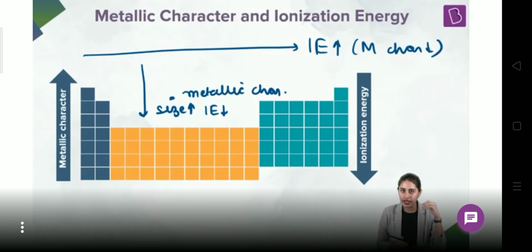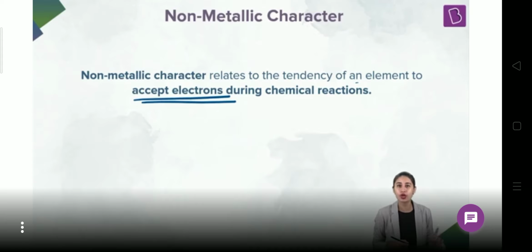So let's not be in haste to simply judge non-metallic character on the basis of ionization energy. Let's understand the ability to gain electrons, the ability to accept electrons.